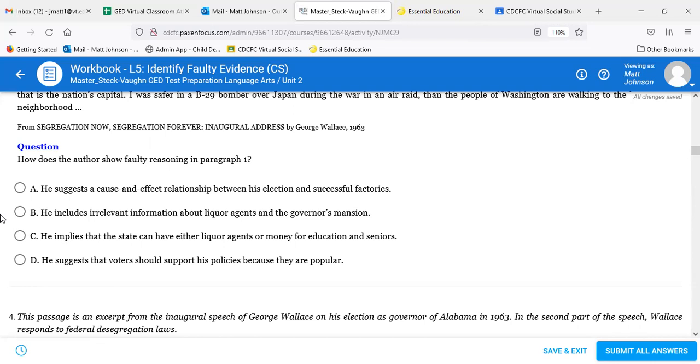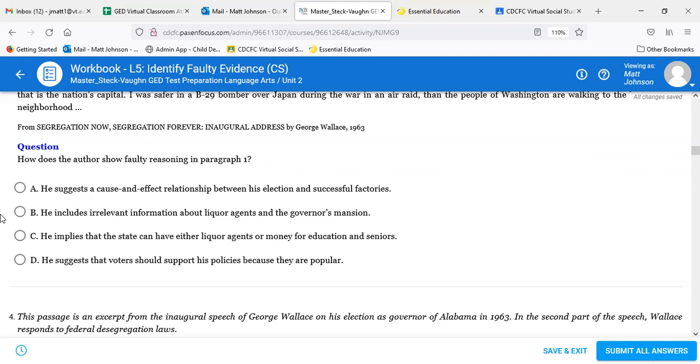B. He includes irrelevant information about liquor agents and the governor's mansion. C. He implies that the state can have neither liquor agents or money for education and seniors.